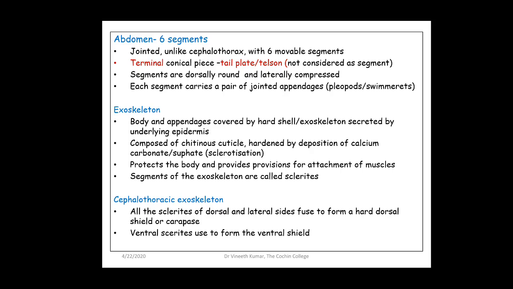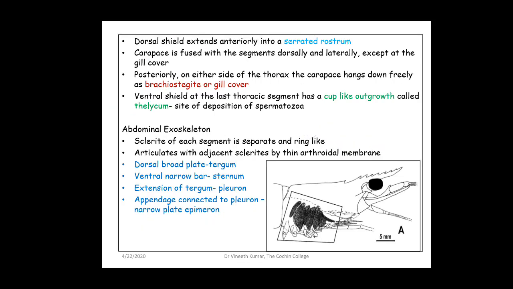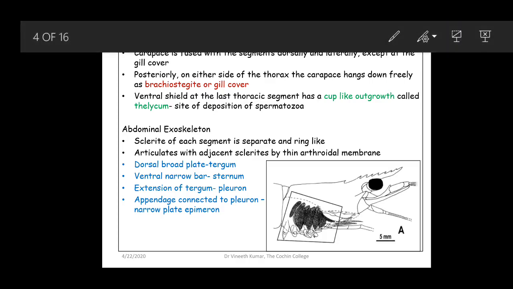Coming to the cephalothoracic exoskeleton, in the cephalothoracic region all the sclerites of the exoskeleton, dorsal, lateral, etc., fuse to form a hard dorsal shield or carapace. The ventral sclerites also fuse to form a ventral shield. So here you can see the carapace, also called the dorsal shield.